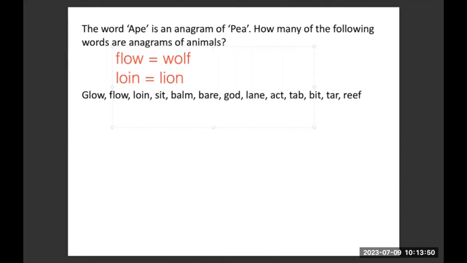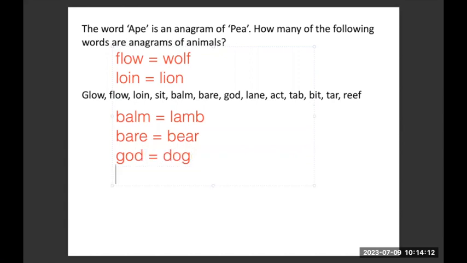Sit, no. Balm, yes. Lamb. B-A-L-M, L-A-M-B. Bear, beer. Bear will be beer. God, of course, dog.